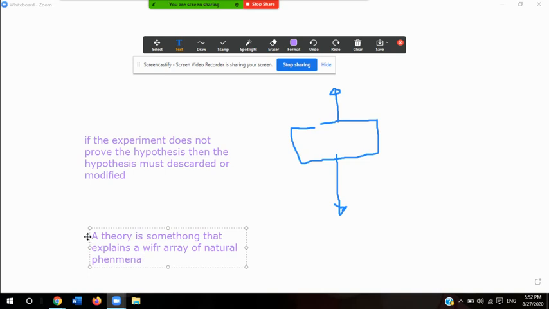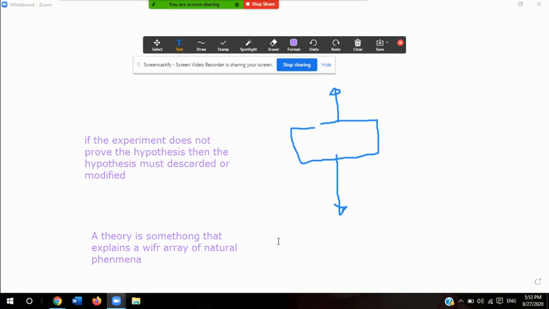Okay? So a hypothesis is an educated guess to a specific problem. A theory is probably, I don't want to say an educated guess, but it does help give a general explanation of more than one possible phenomenon.